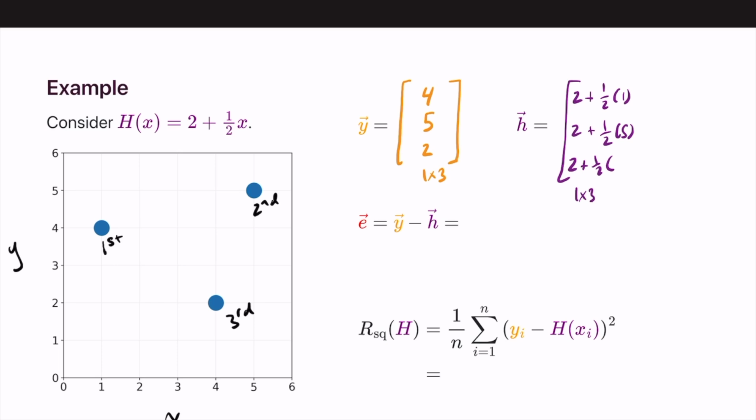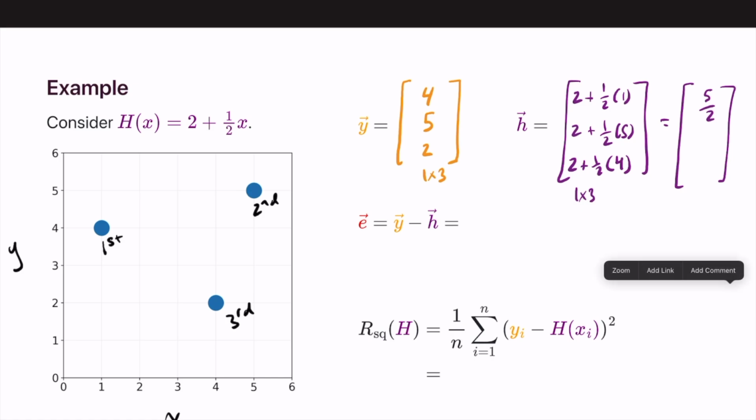Look at our third data point, and we see that the x is 4. So that's going to give us 2 plus 1/2 times 1, which will be 5/2, and 2 plus 1/2 times 5, which will give us 9/2, and then 2 plus 1/2 times 4, which will just give us 4.